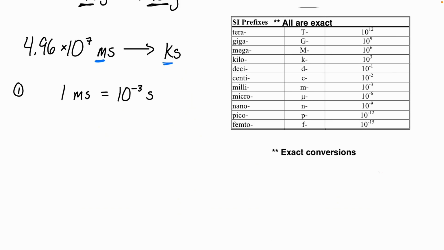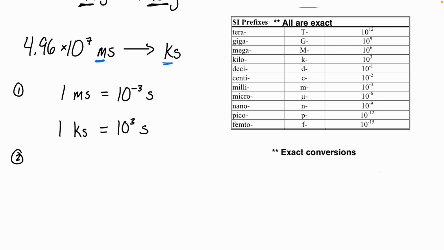All right, I want you to do the same thing, but now for kiloseconds and seconds. Fill in those values there, based on our table. All right, so 1 on the prefix side, 10 to the 3 seconds.